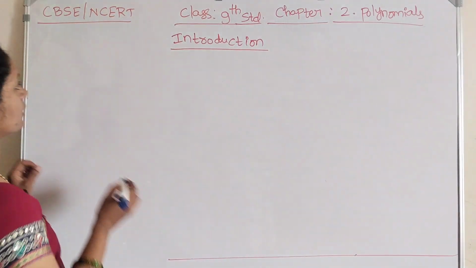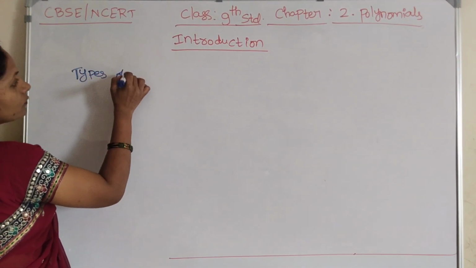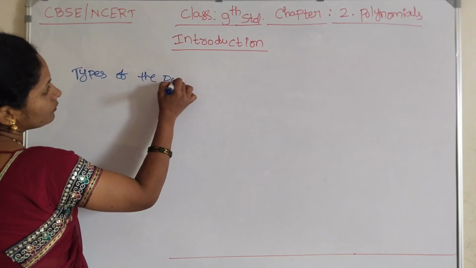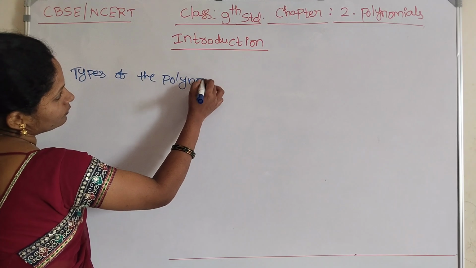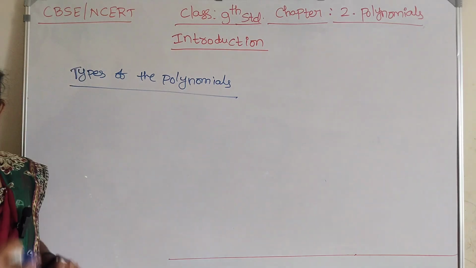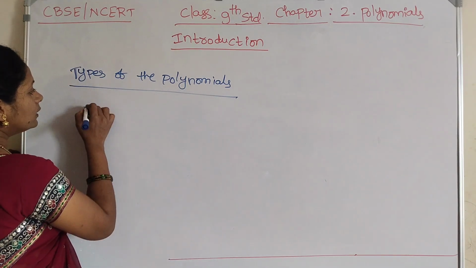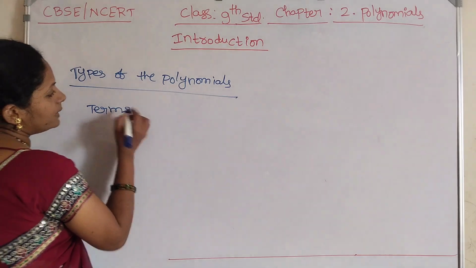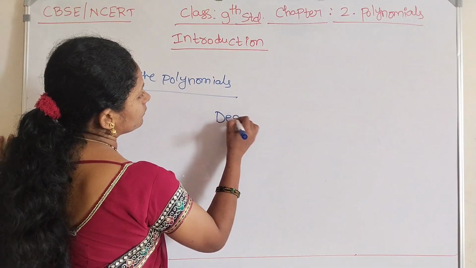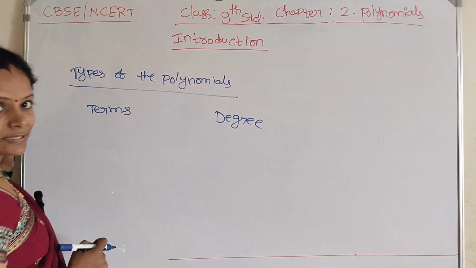Let's discuss the types of polynomials. These types are based on two categories: based on the terms and based on the degree. Just now we discussed the terms as well as the degree.